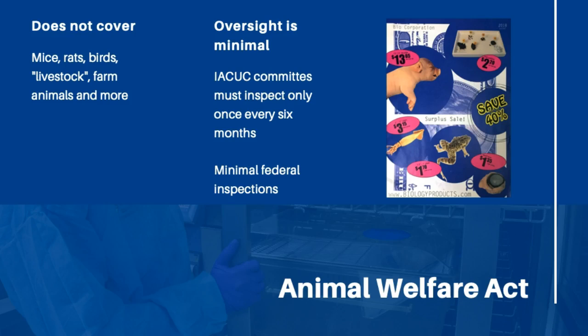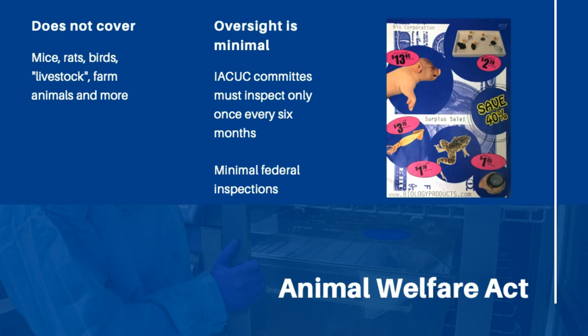Furthermore, oversight is minimal. It does require that when research is done in certain facilities, there is an IACUC committee. IACUC stands for Institutional Animal Care and Use Committee. This is a committee that is formed and run within an institution. So for example, if research is occurring at a university, the university will have their own IACUC committee.